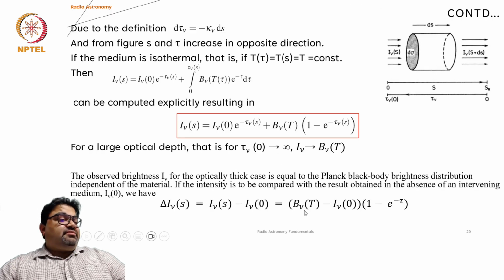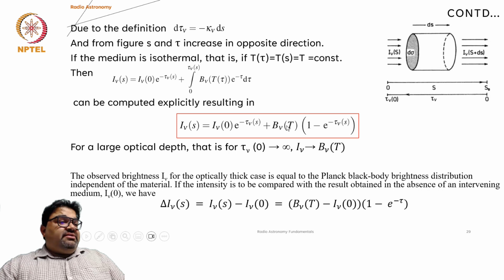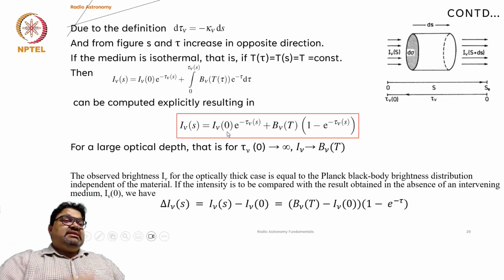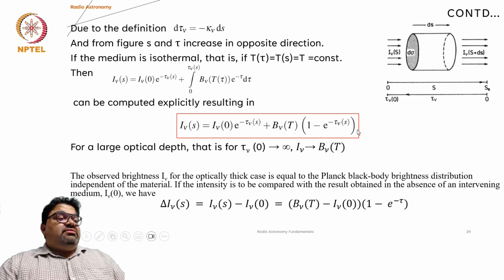So if you can finally compute this, you get that the full radiative transfer equation is I nu S is equal to I nu 0 at the incident times e to the power minus tau nu S plus B nu T into 1 minus e to the power minus tau.